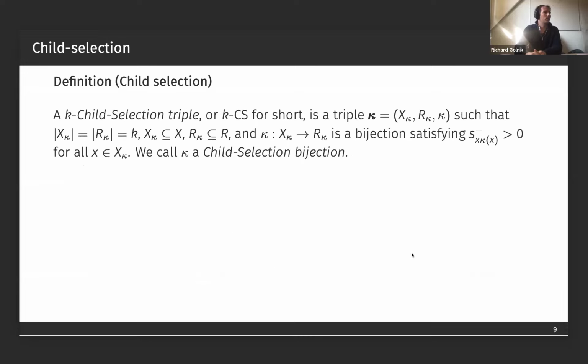And to formalize this in a concept, we can take advantage of so-called child selections.